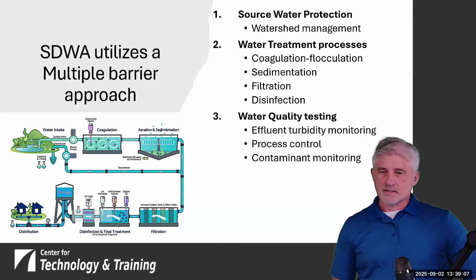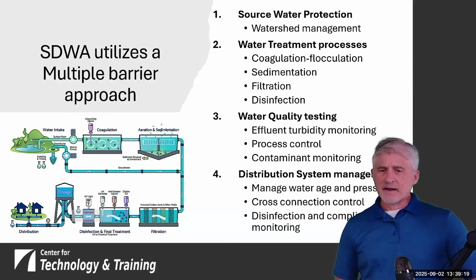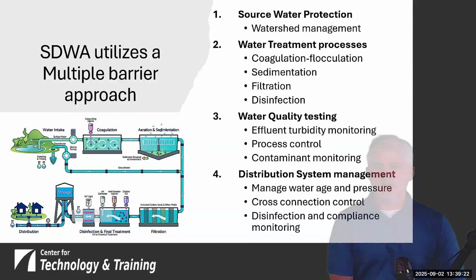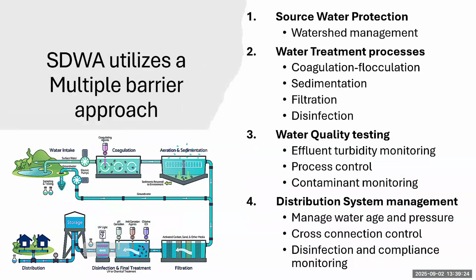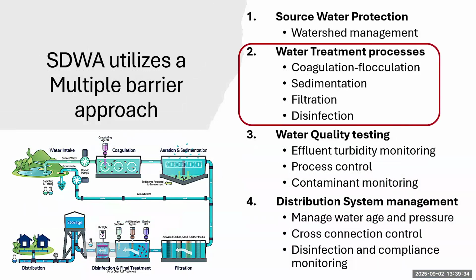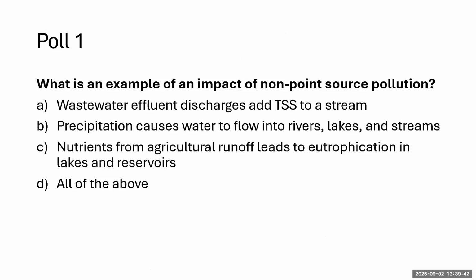And then we look at water quality testing: what do we do to ensure that it's coming out the way that it needs to be. And finally, things that we can do in the distribution system to make sure that we're providing safe water to our customers. This is Greg's topic coming up this afternoon, and then I think we're on to our first poll.